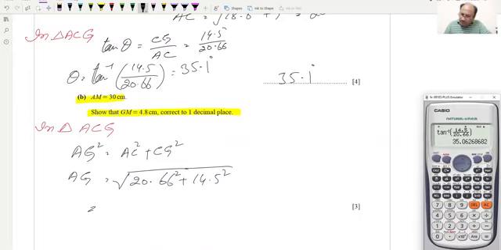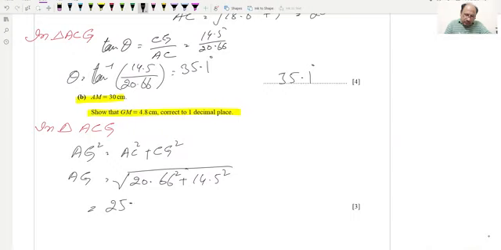So the square root of 20.66 squared plus 14.5 squared is equal to 25.24, so we can write 25.24.